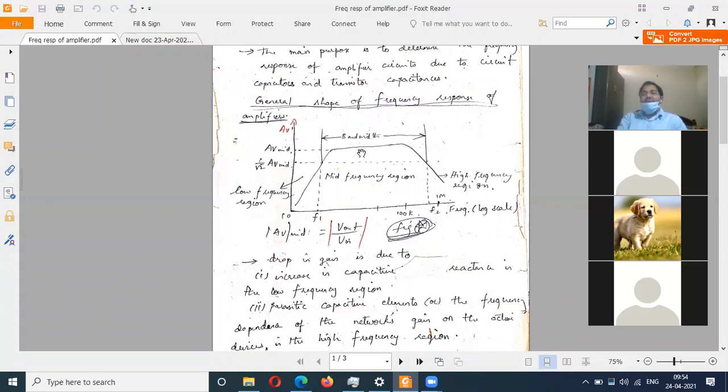What is omega? Omega is 2 pi f. And the impedance of a capacitor is 1 by j omega C, that is, 1 by j 2 pi fC. Correct, that is the impedance offered by a capacitor.